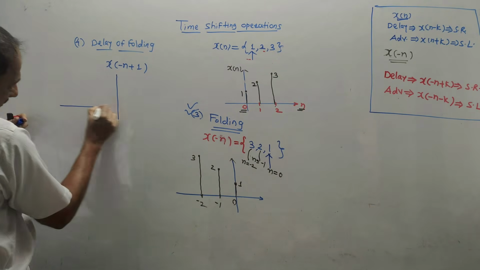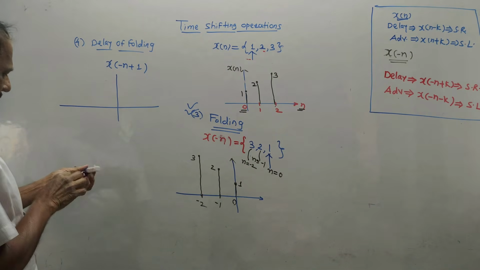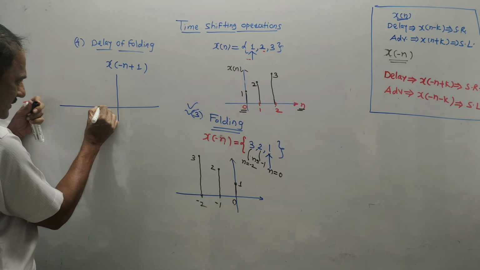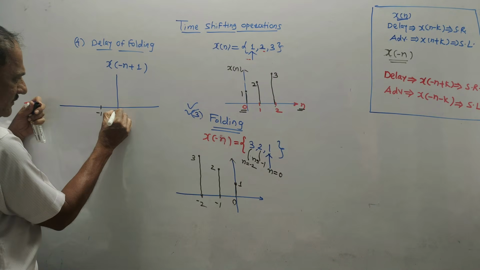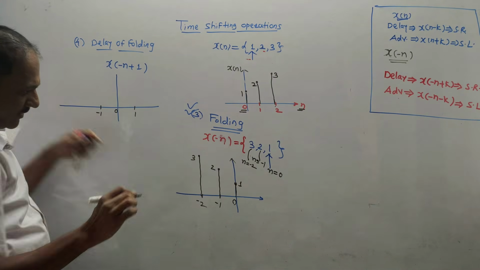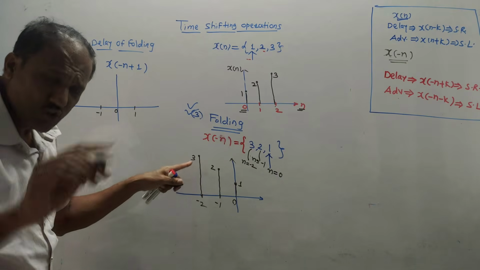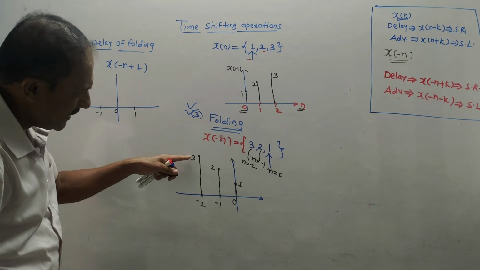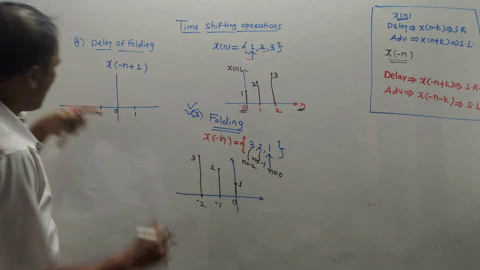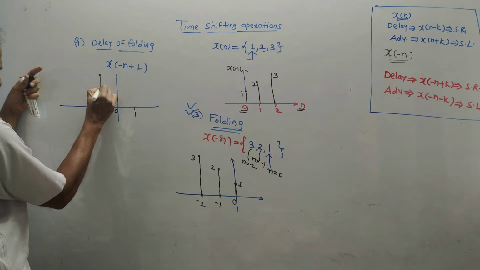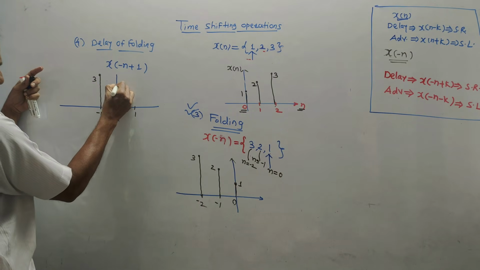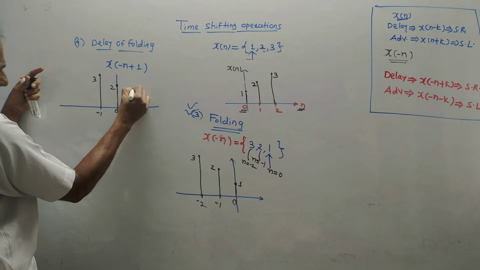The new diagram will start from minus 1. First let me mark the reading: minus 1, 0, 1 and so on. Amplitude levels as usual in all diagrams will be as they are. Amplitude levels are 3, 2, 1. So I will go on marking the amplitude levels: this is 3, next is 2, next is 1.